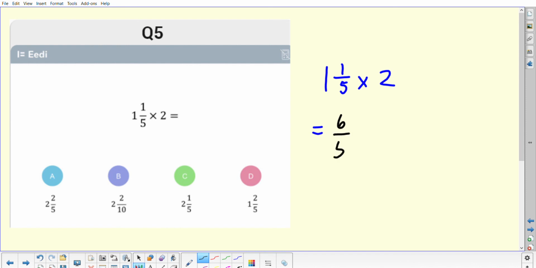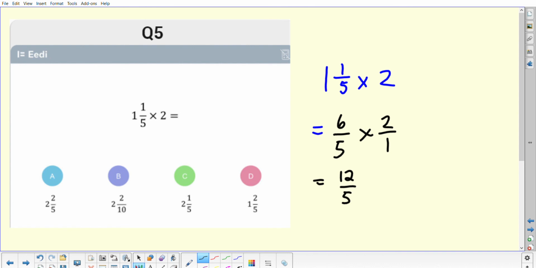That's how many fifths we've got altogether. The whole number of 2 can be written as 2 over 1. And now we're ready to do the multiplying. No cancelling to do here, so it's just 6 times 2, which will give you the answer of 12 on the top, and 1 times 5 on the bottom.